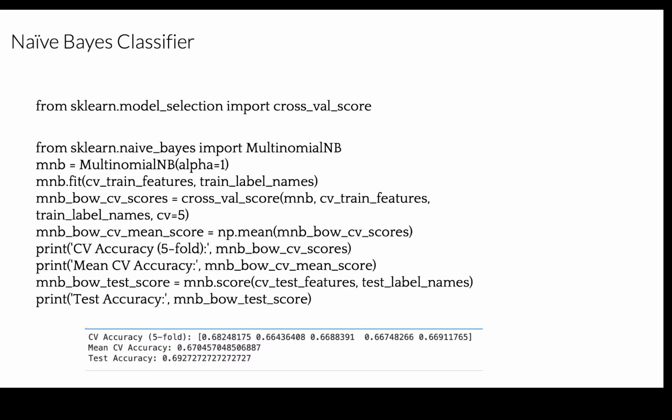We will be checking model accuracy using 5-fold cross-validation to see if the model performs consistently across the validation folds of data. As you notice, we use cv equal 5. When we run our accuracy on test and mean cross-validation accuracy, we get results of 0.67 for mean accuracy and test accuracy of 0.69.